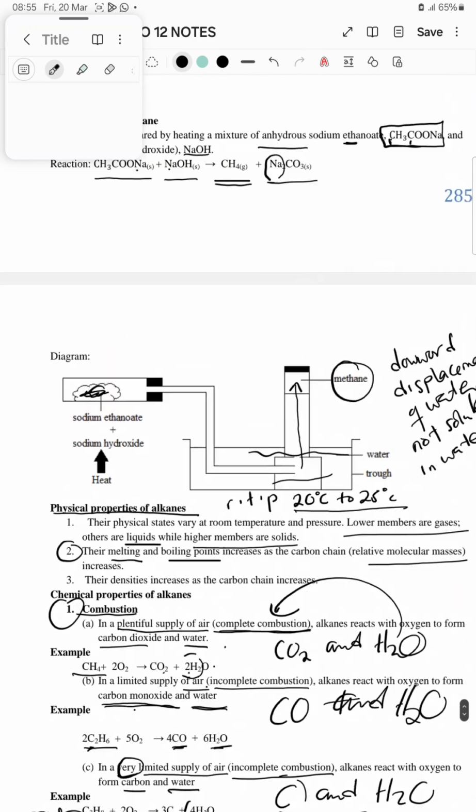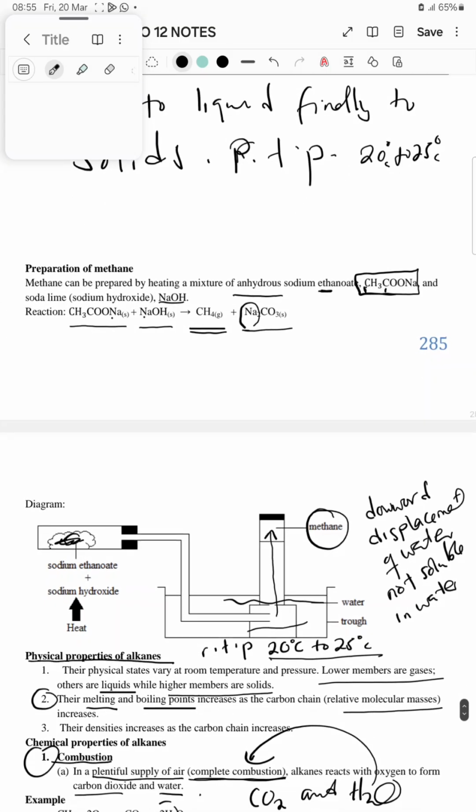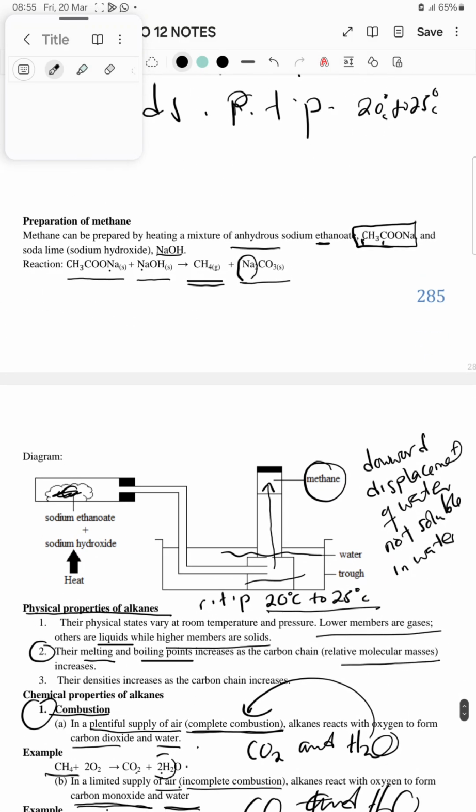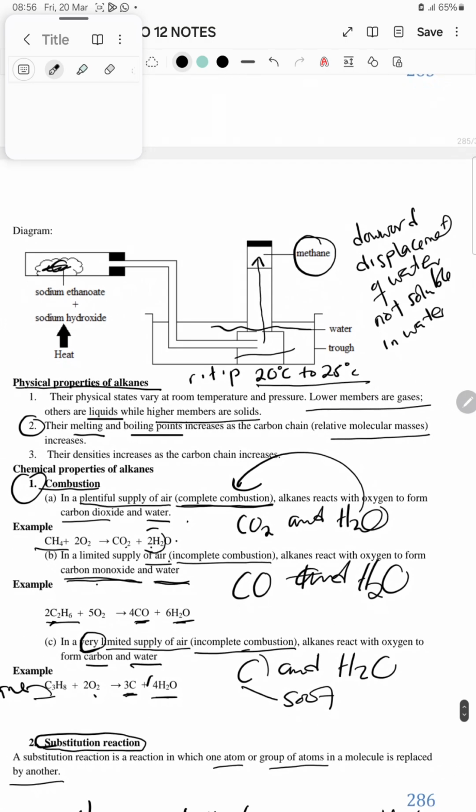So here we were looking at the preparation of alkanes, which is methane, where you react sodium ethanoate with sodium hydroxide, then it is going to form methane gas and sodium carbonate. Okay, and the methane is collected using downward displacement of water because it's not soluble in water.